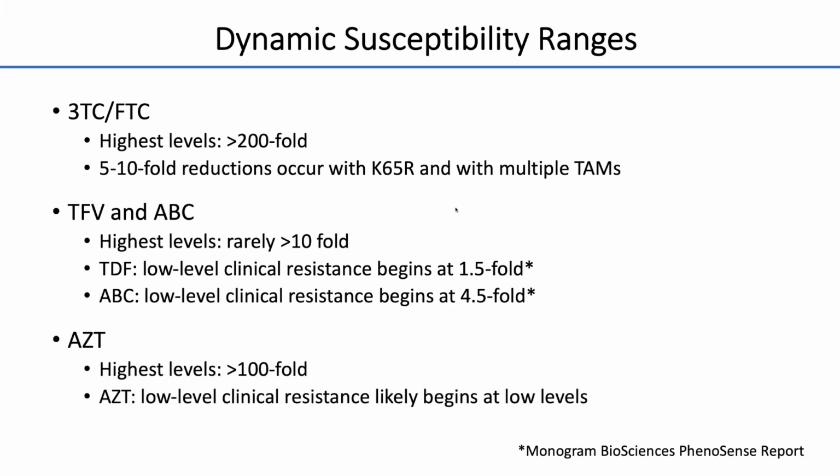Like 3TC and FTC, AZT also has a very high dynamic range, and some viruses can have more than 100-fold reduced AZT susceptibility. But because AZT is weaker than other NRTIs, low levels of reduced susceptibility as observed with certain individual TAMs are likely to be clinically significant.